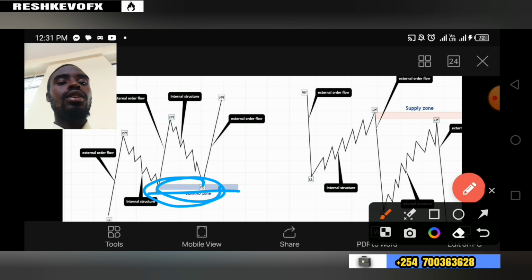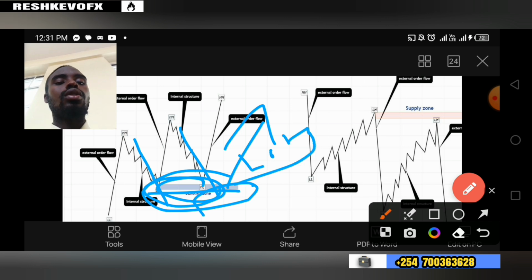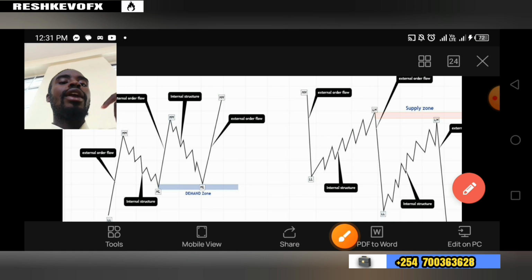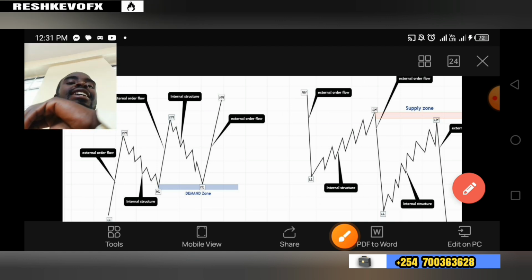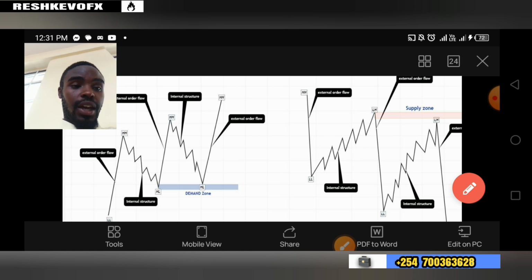We have tapped this twice. So this is a valid demand zone, so automatically we'll go long. That is how we identify the order flow here. This order flow is bullish.